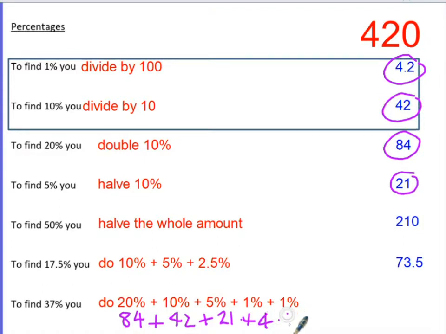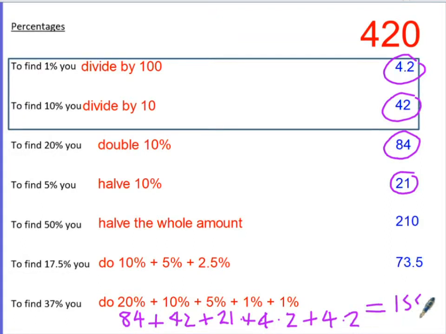And another 1% is another 4.2, which when you add it all together would give you a grand total of 155.4. So this is what 37% of 420 is.